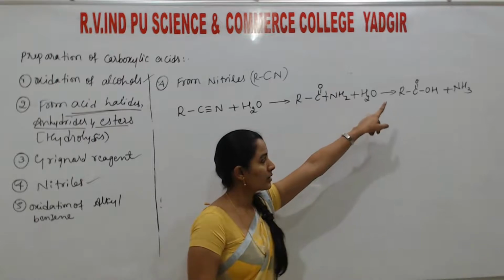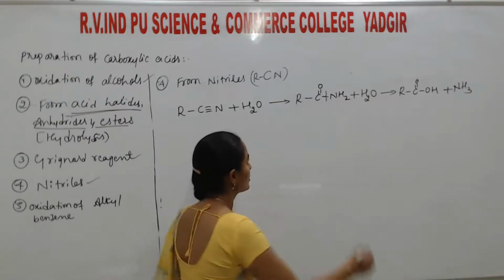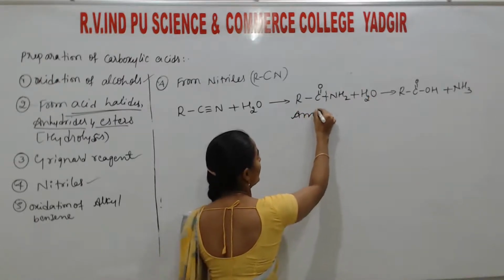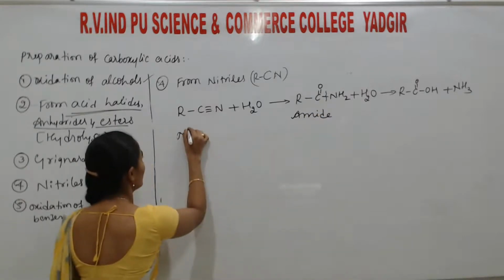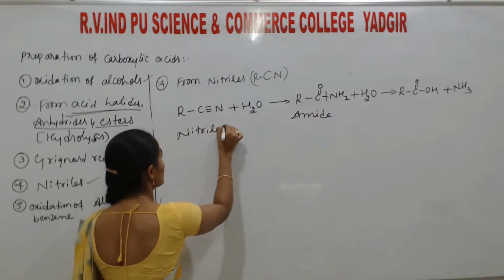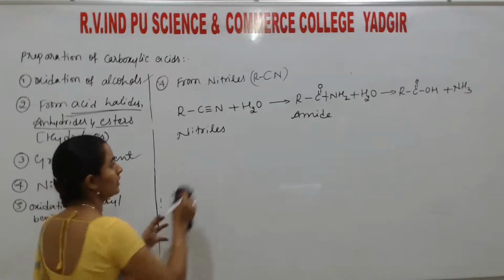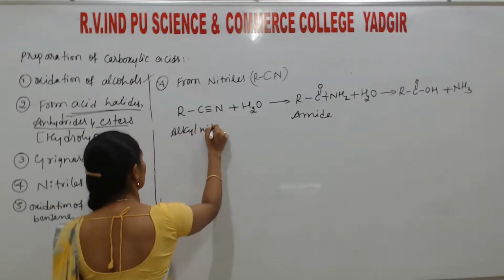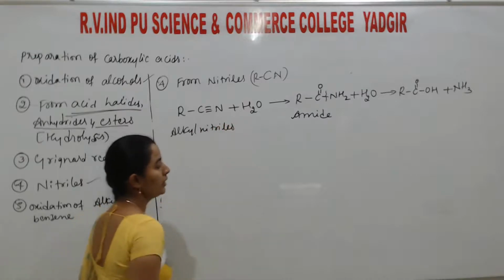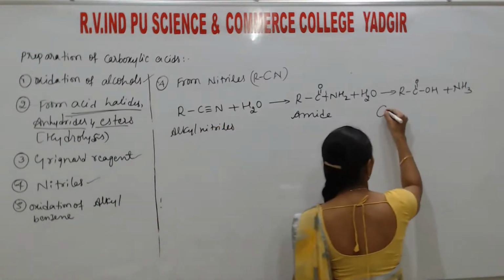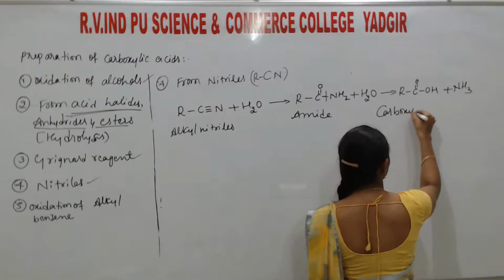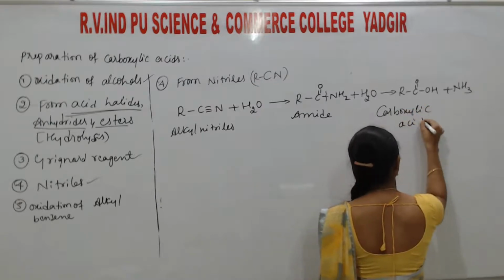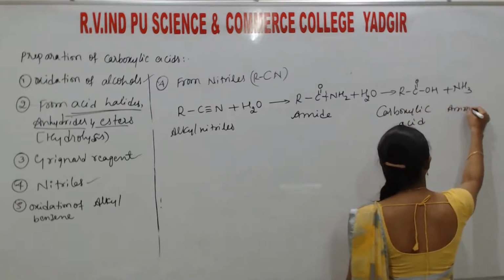Then they form RC double bond O OH and NH3. So this is amide. So this is nitriles, especially alkyl nitriles, amide and carboxylic acid. This is ammonia.